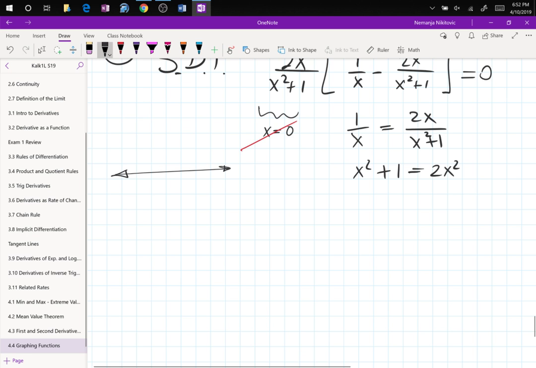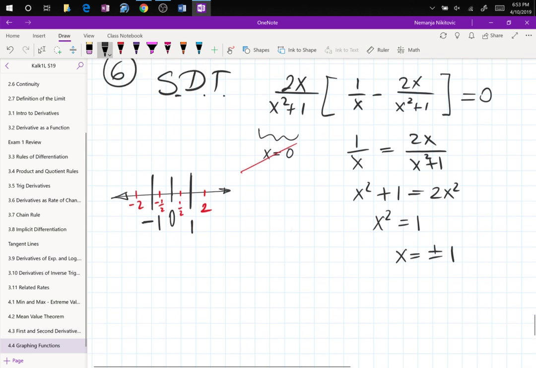So when you move this to the other side, you get that x squared is equal to 1, from where x is equal to plus minus 1. Ha! So we partition at negative 1 and 1 and at 0. So I have negative 2, negative 1/2, positive 1/2, and 2.